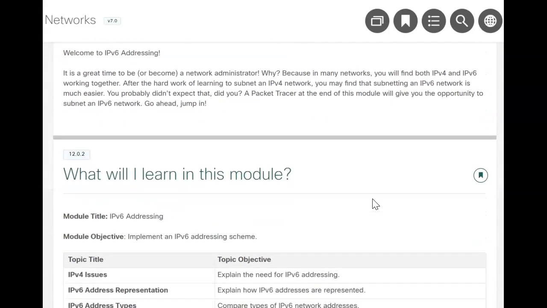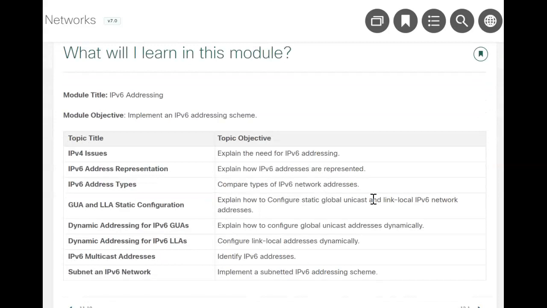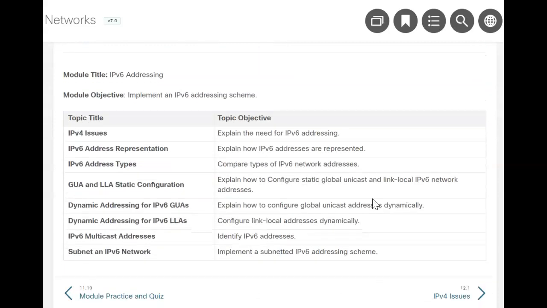So what are we going to learn in this module? Basically, you're going to look at why. Why do I need IPv6? We'll look at some of the IPv4 issues, some of that will be a repeat. Then we'll look at how an IPv6 address is represented, and the different types of IPv6 addresses. Then we'll look at how to configure a global unicast address and a link local address, and we'll get into some of that.